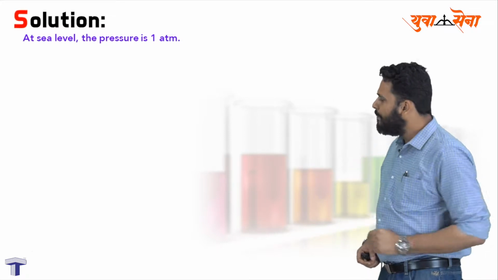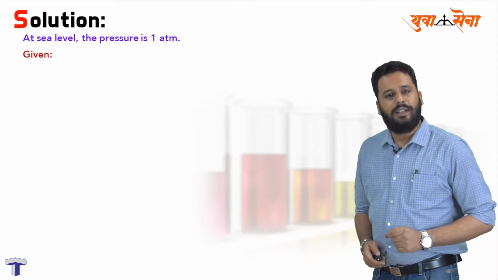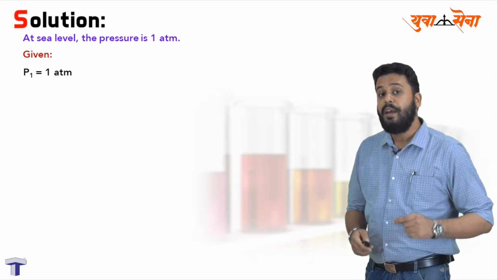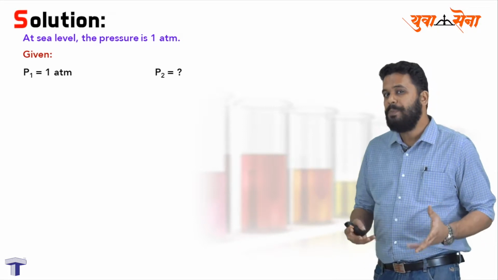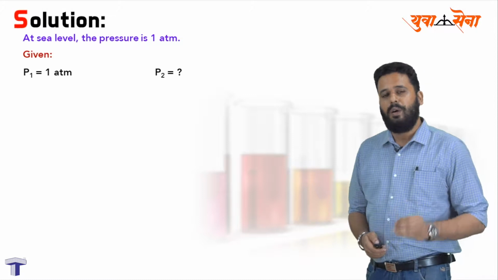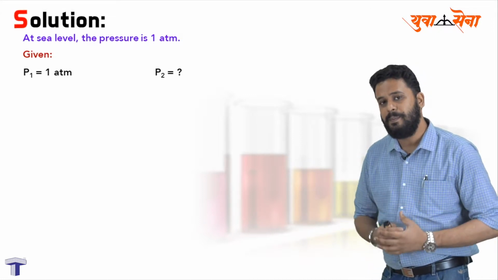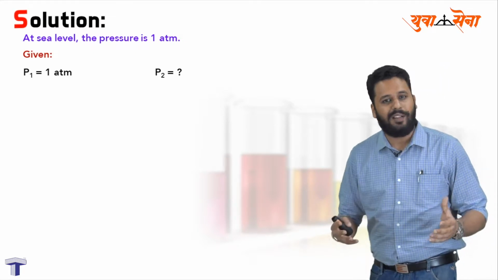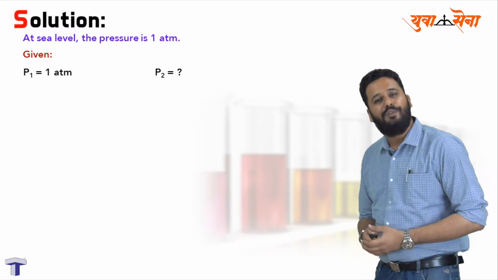At sea level, the pressure is 1 atmosphere, यानी कि the given data states that the initial pressure is going to be 1 atmosphere. We have to calculate the final pressure, so P2 is unknown. Now we know that the initial radius and the final radius have been given. If the radius is given to us and we are assuming that the balloon is spherical, we can easily calculate the volume.